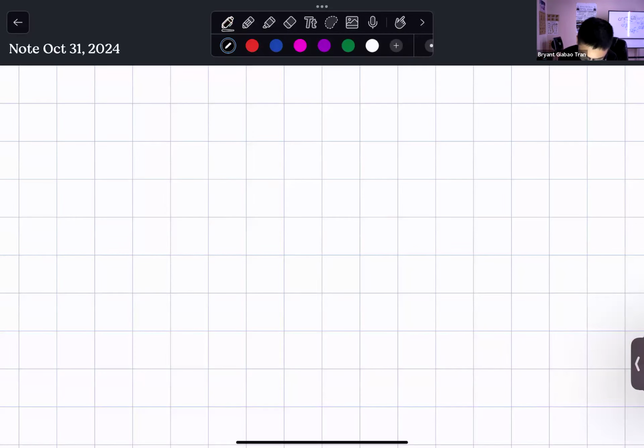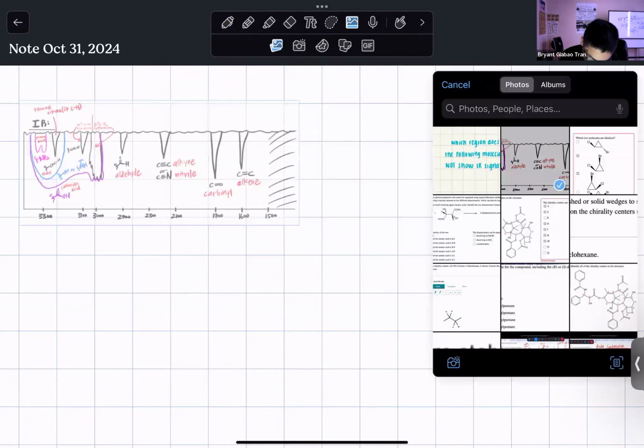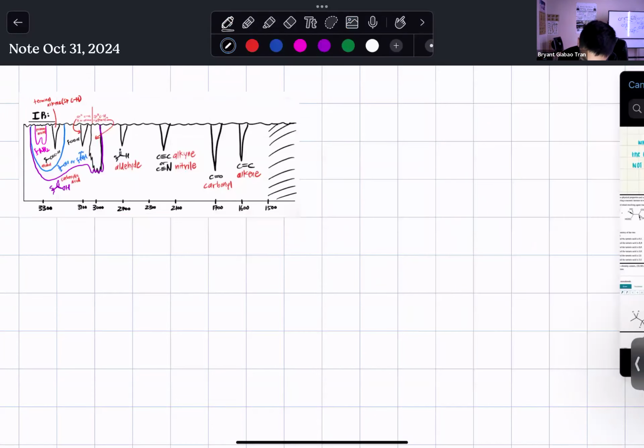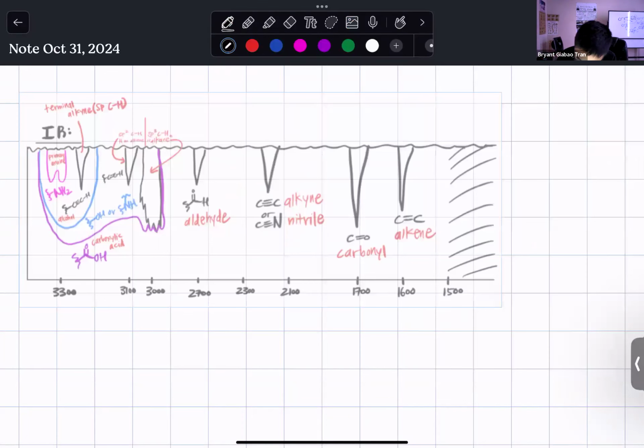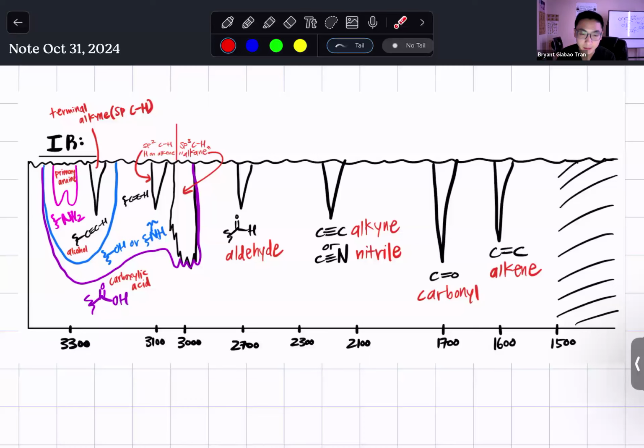Okay. So today let's go over a lot of IR problems. What IR tells you is whether a functional group is present in an unknown molecule.